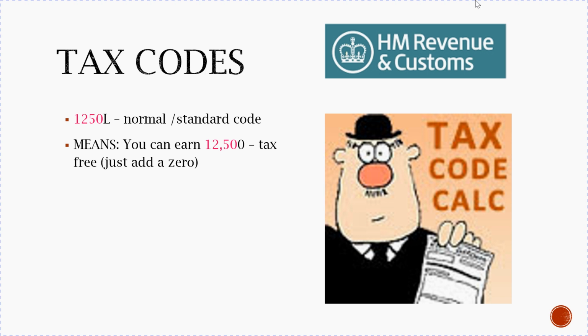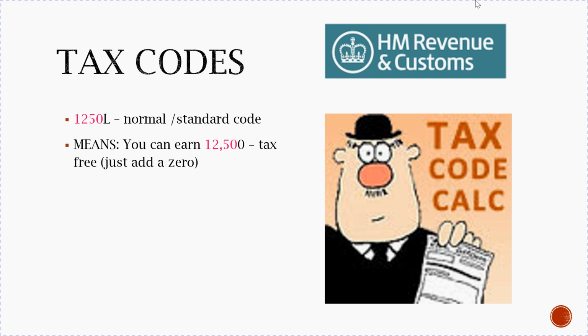You add a 0, and it means that you can earn 12,500 tax-free. If your code is 1230, then it means you can earn 12,300 tax-free. For the vast majority of people, their standard code is 1250L.